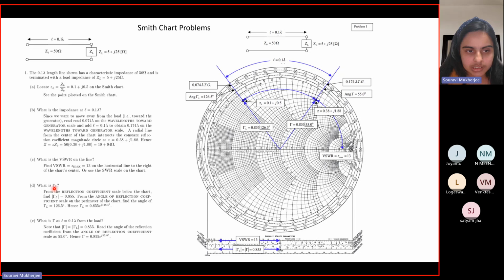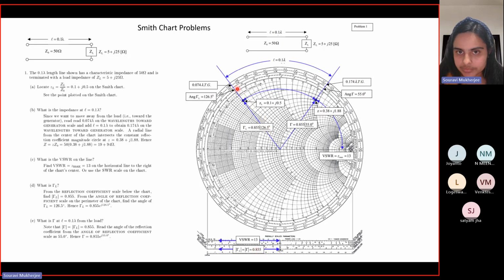Now, what is the reflection coefficient? We know that the radius of this circle is a constant value and that corresponds to the reflection coefficient. So you can use a protractor or a scale and measure this distance. Based on the scale provided here, you can see the magnitude of your reflection coefficient. And how do you find the angle?